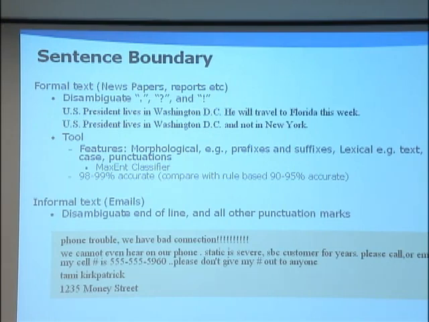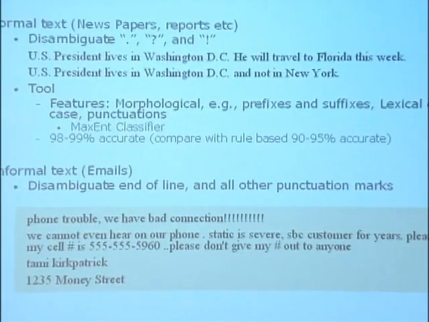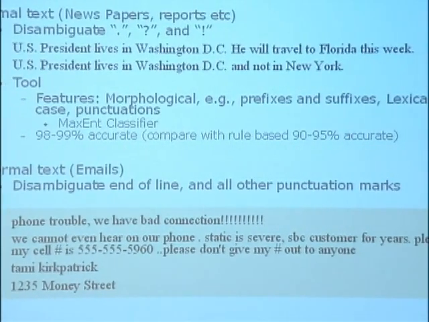Some of the features like morphology, we talked about these features. I won't repeat it. And training a maxent classifier, we get a very high accuracy. It's almost a solved problem, almost.